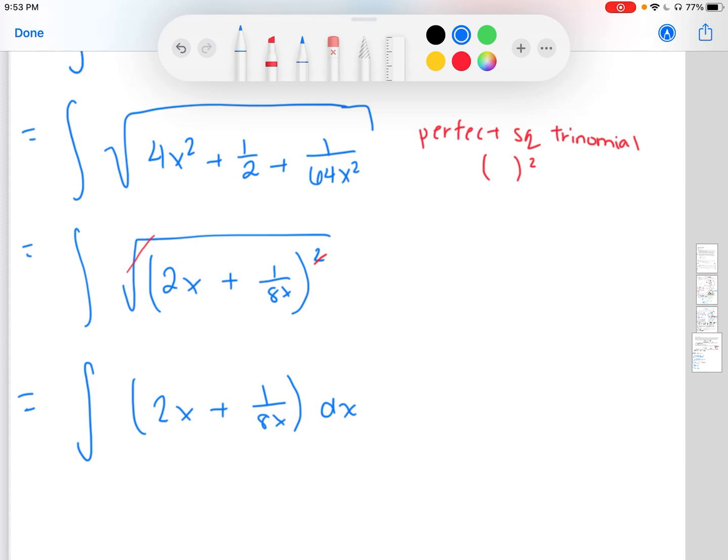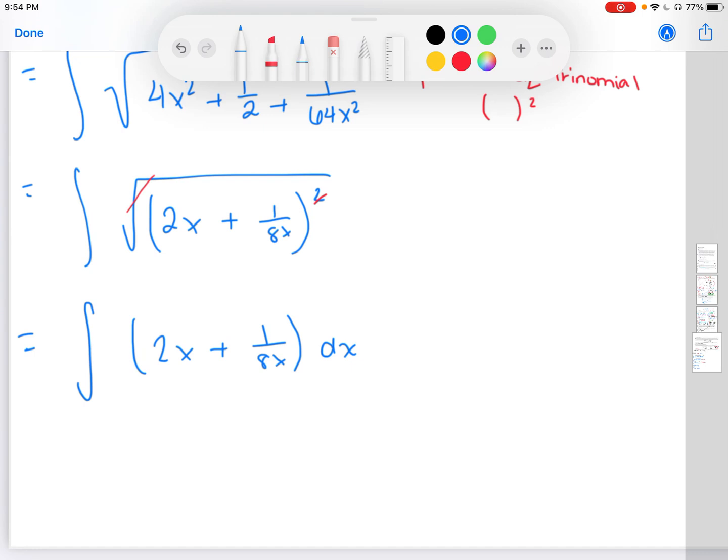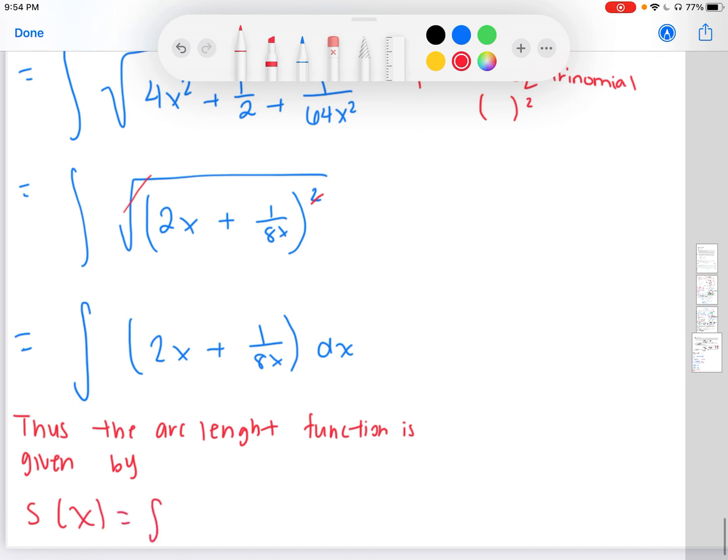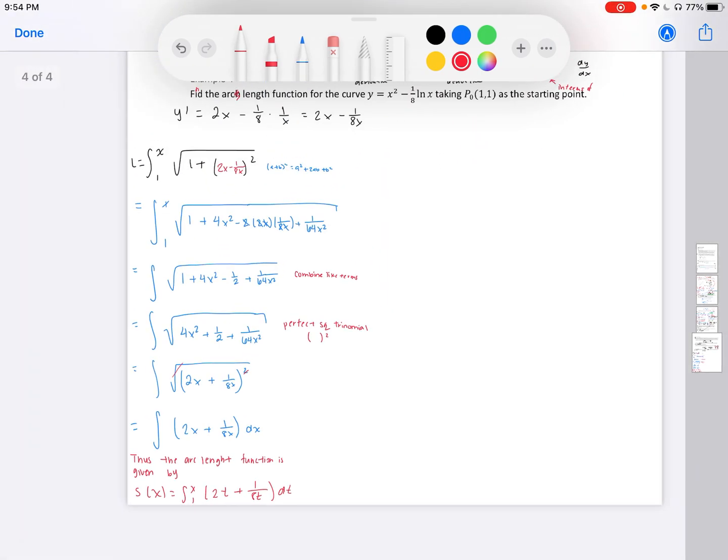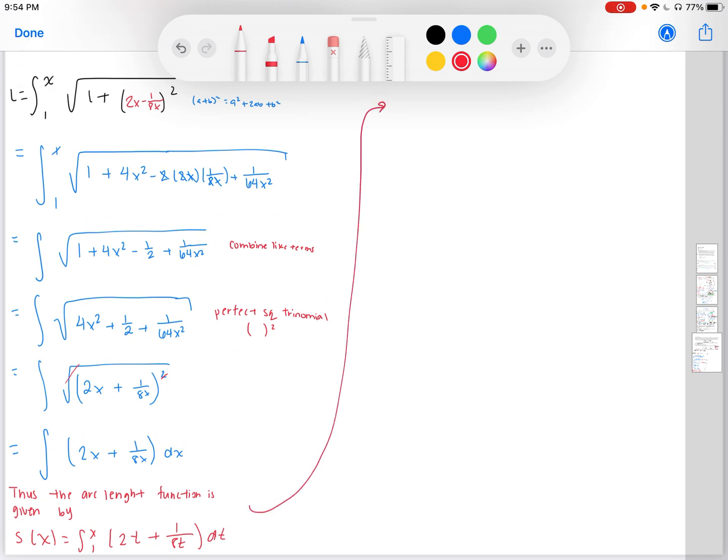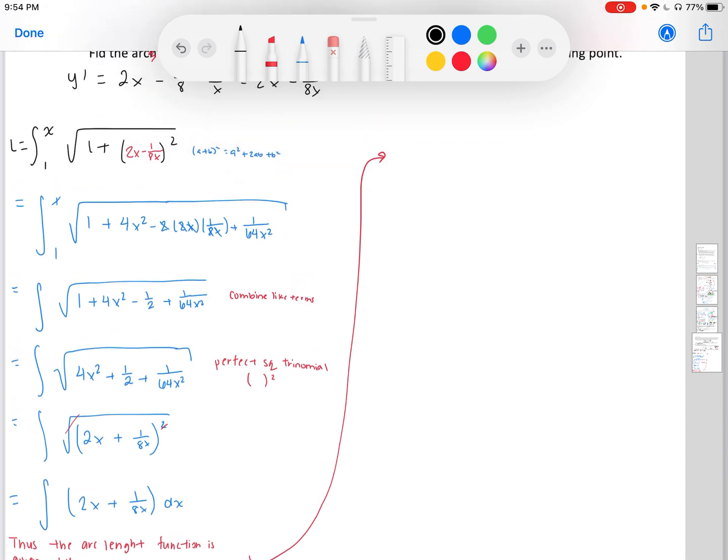So if we go ahead and integrate, okay, let's go ahead and integrate so that we have t squared plus 1 over 8 ln of t, with our limits being x and 1.